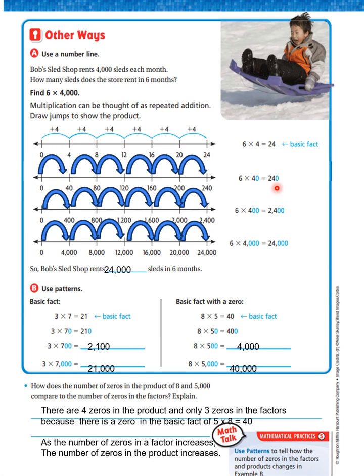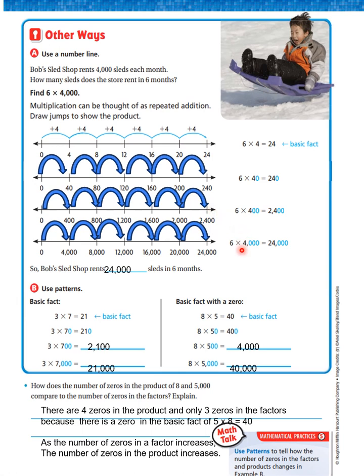Now let's look at the next one. 6 times 400 equals 2,400. That is 10 times more than 6 times 40. So we would say 400, 800, 1,200, 1,600, 2,000, 2,400.